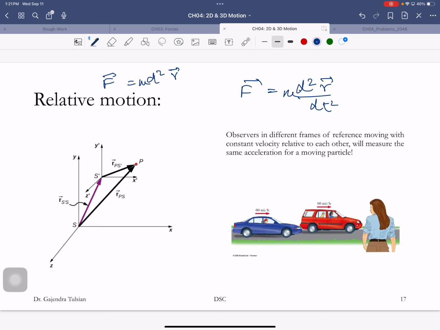In that moving frame, the coordinates might differ, but the laws of physics are the exact same thing. Those are called inertial frames of reference. When frames of reference are moving at constant velocity relative to each other, those are inertial frames of reference, and the laws of physics are the same.